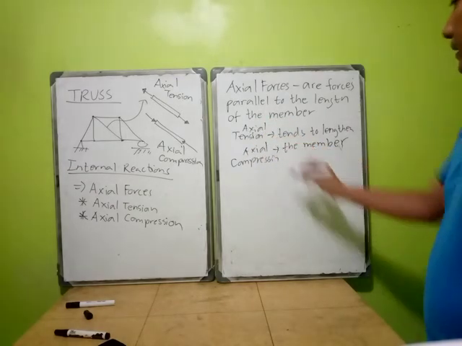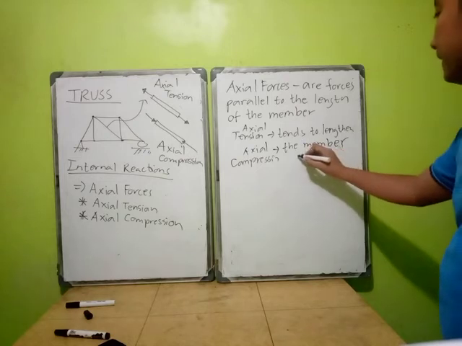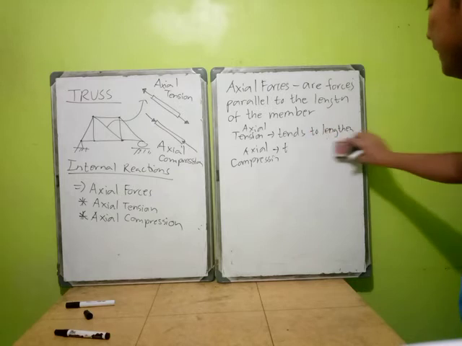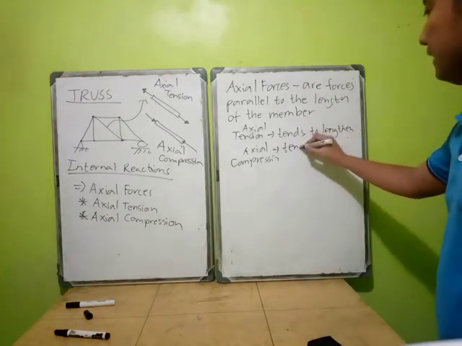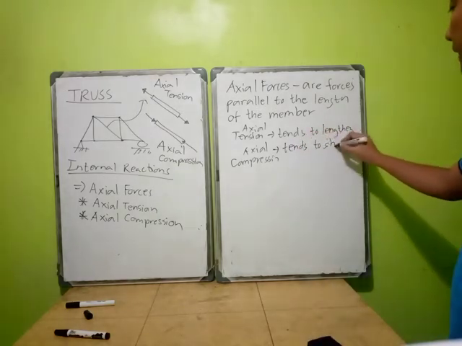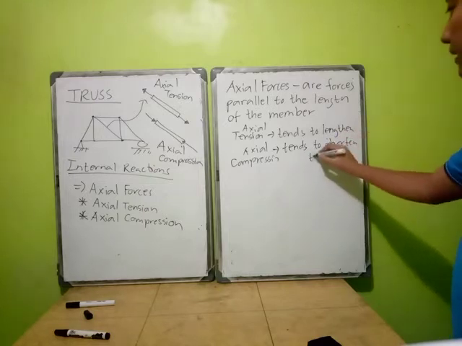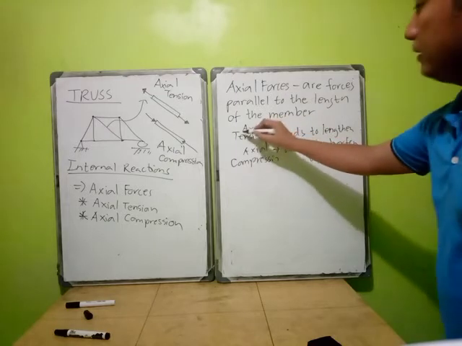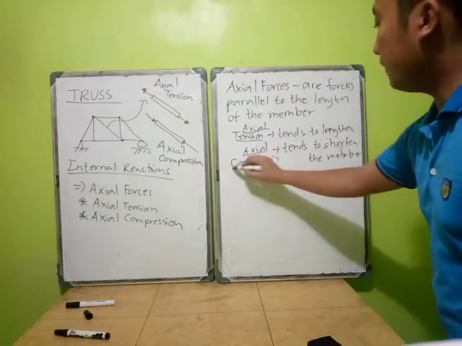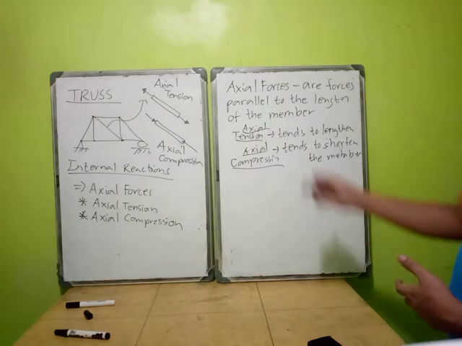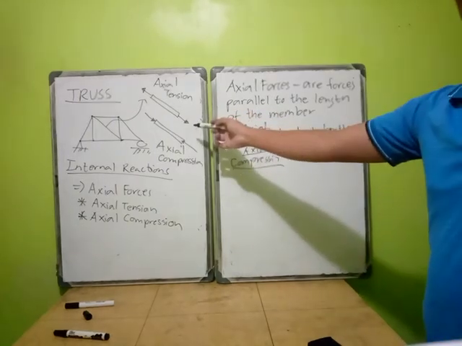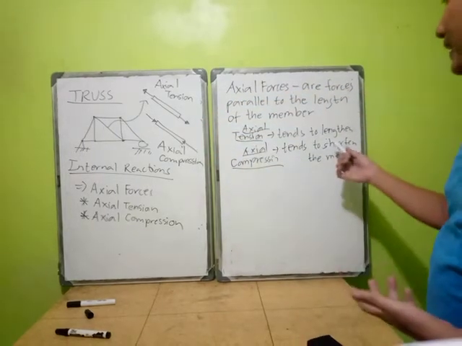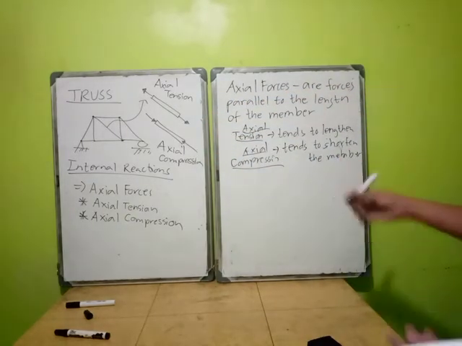So the axial compression, the member tends to shorten the member. So ganyan yung pagkakaiba nung axial tension at saka nung axial compression. Yung axial tension, dalawang force, parang hinihila siya on both ends, kaya parang hinahaba niya yung member.